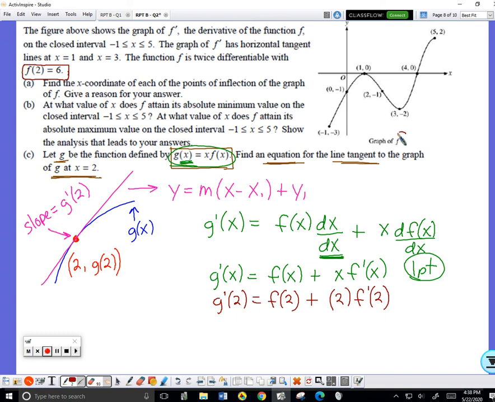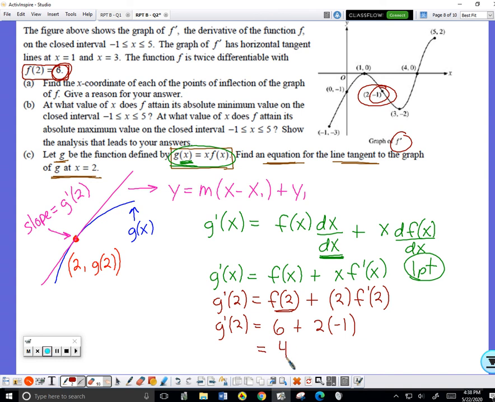We have a graph of f prime. f prime of 2 is negative 1. So g prime of 2: f of 2 was 6, f prime of 2 is negative 1. So this is going to be 4.